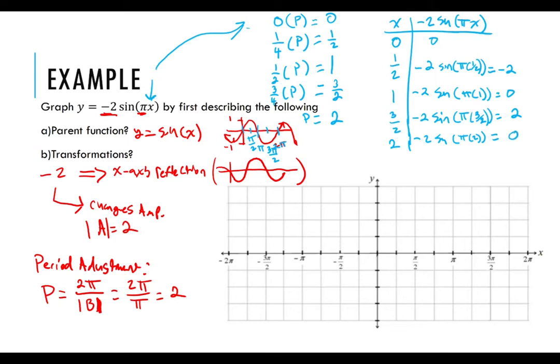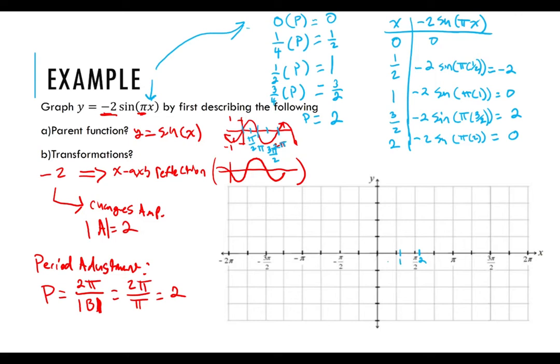Now, to help get us on track, where does 2 live? 2 would be about right here, using this current grid. This grid that I've given is really nice when we're dealing with periods that have pi's involved. But just so we can see some comparison, 2 ends up being about right there. And then 1 ends up being about right here.